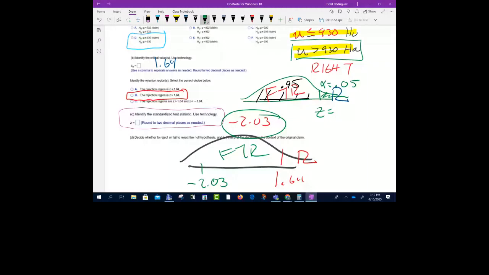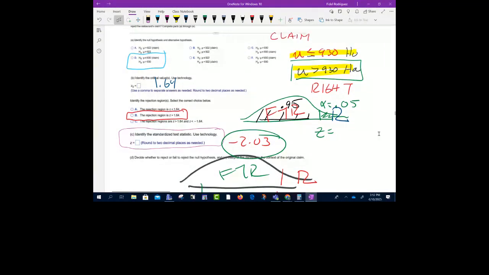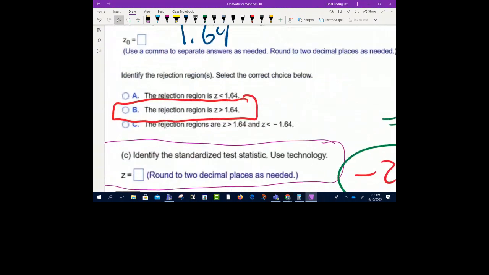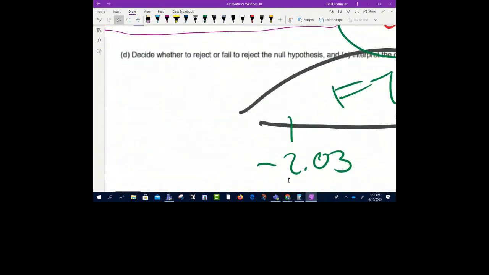Are we falling in the rejection area or the fail to reject area? Fail to reject, right? Awesome. Very good. Second question: was my claim the H0 or the Ha? The H0, right? So if you're wondering, we had already picked choice D. My claim was the H0, and we fell in the fail to reject region.